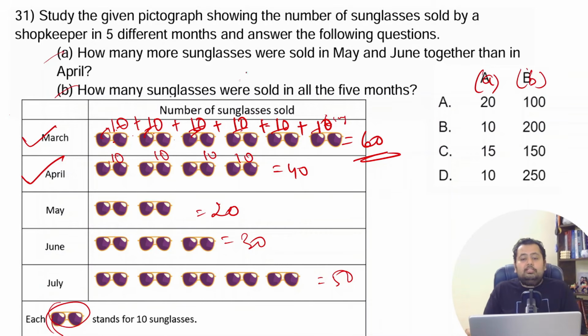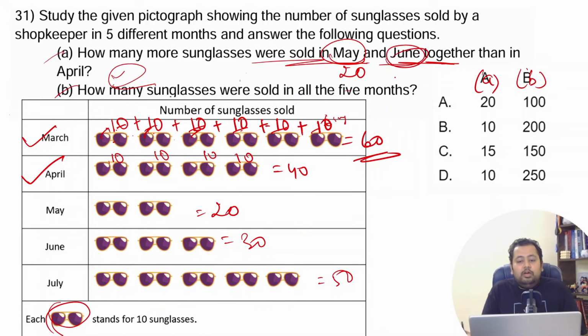How many more sunglasses were sold in May and June together than in April? So how many were sold in May first? There were 20 sunglasses sold in May. In June, how many were sold? That was 30. So together, 50 sunglasses were sold in May and June. Then how much is this more than what was sold in April?